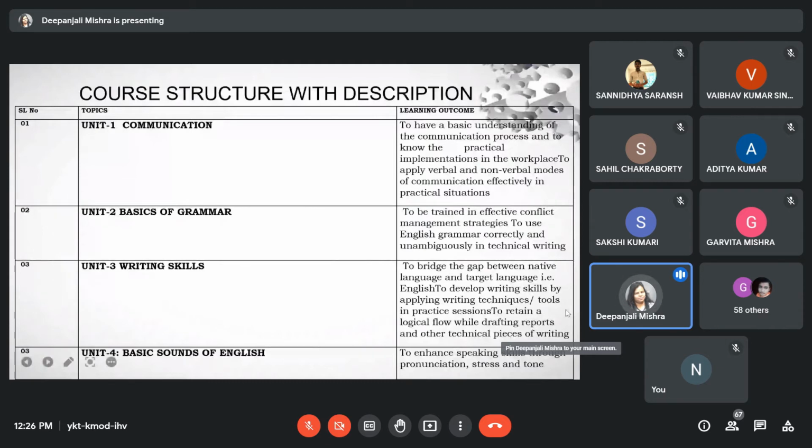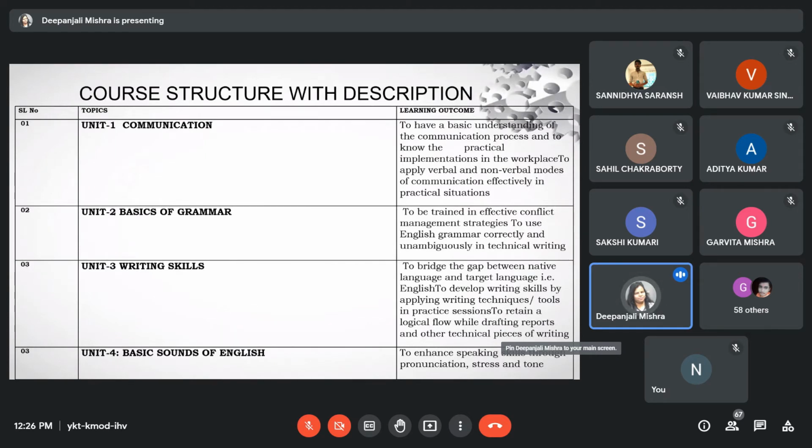After the completion of the syllabus, you will be able to acquire, one, the bridging of the gap between native language and target language, that is English. Then develop writing skills by using writing techniques, because when you have a topic called paragraph, you will not just be asked to write a paragraph.